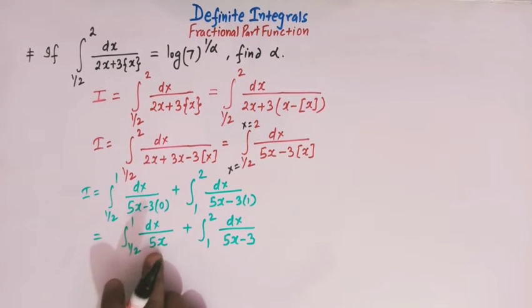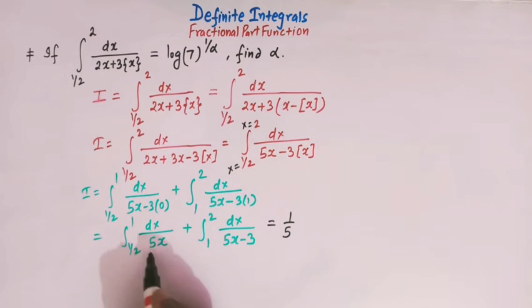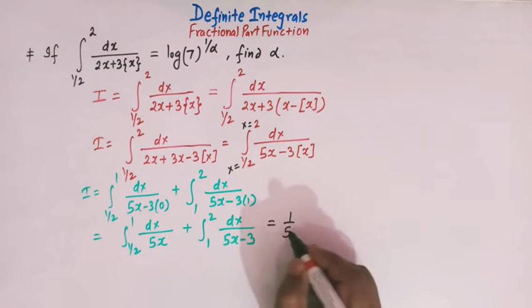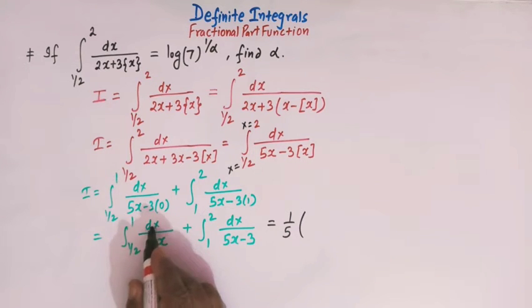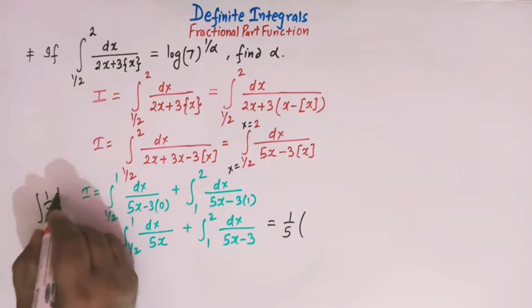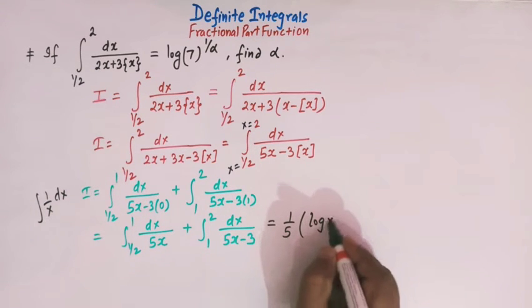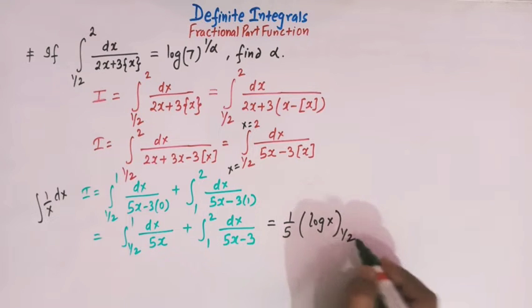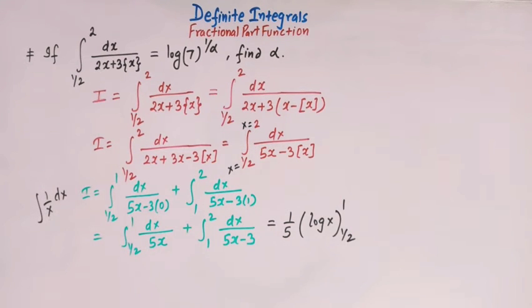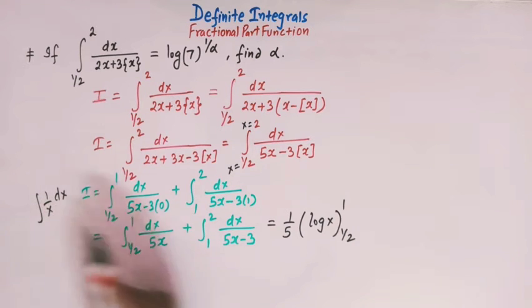So now the value of the first integral is 1 over 5. We can take 1 over 5 outside, and we have the integral of 1 over x dx, and that is equal to log of x, with the limits half to 1, because we know that the integral of 1 over x is log of x, right?